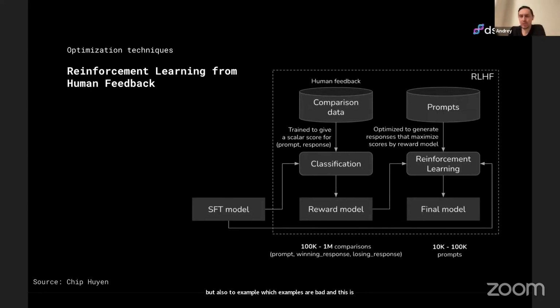How is it different from supervised learning? In a way, it's pretty similar. You also prepare a data set, same format, but on top of that, you add labels. For example, like good or bad. So you basically have to annotate each piece of the data set with these labels. It could be categories, or it could be just a number from 0 to 10, how good this example is.